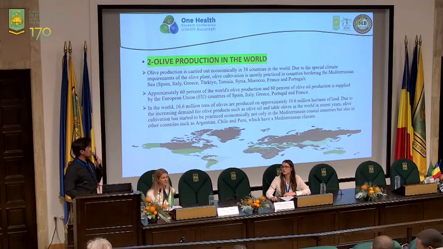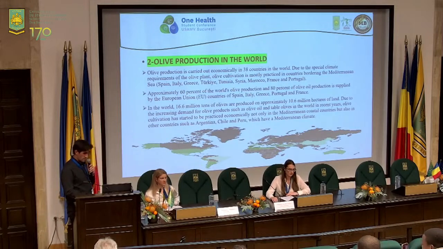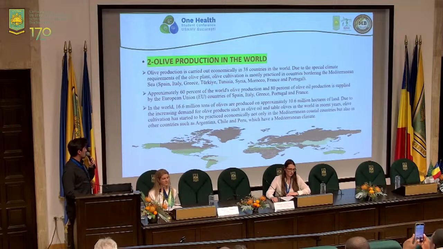Olive production in the world. Olive production is carried out economically in 38 countries in the world due to its specific climate requirements. In the world, 16.6 million tons of olive oil are produced on approximately 10.6 million hectares of land.